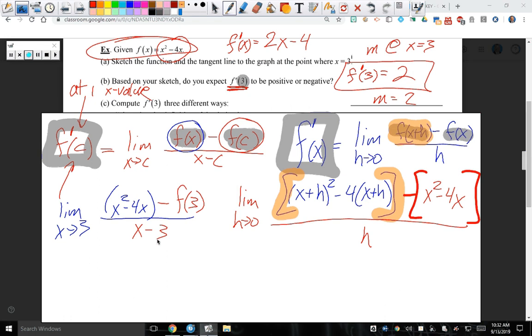Are you with me? Okay, here we go. Let's solve for f of 3. That means we're going to take a 3 and we're going to put it right here and right here. You tell me, guys, what would f of 3 equal if I plugged it in? Negative what? Negative 3. So this is going to now change to a negative 3.